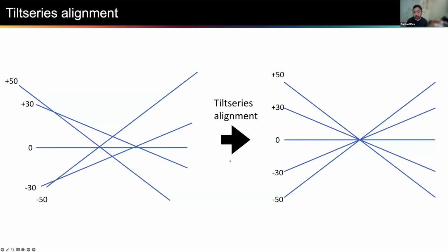So by going through a process called tilt series alignment, you can nicely align all the tilt images at the tilt axis. So how do you do this?